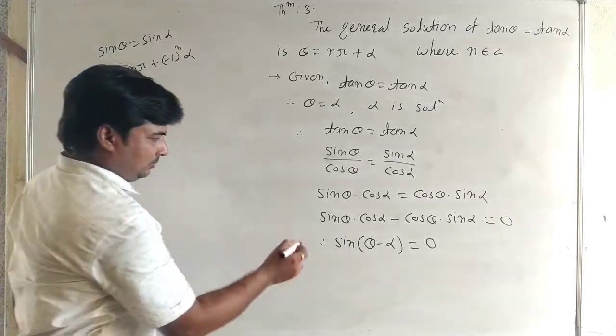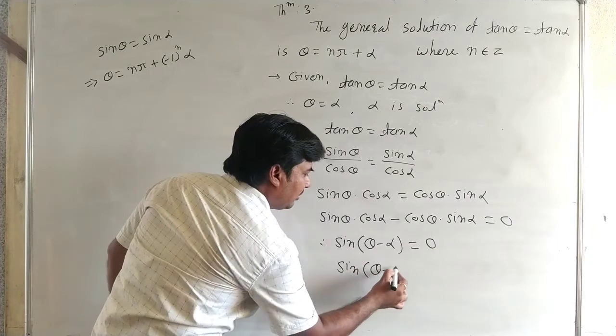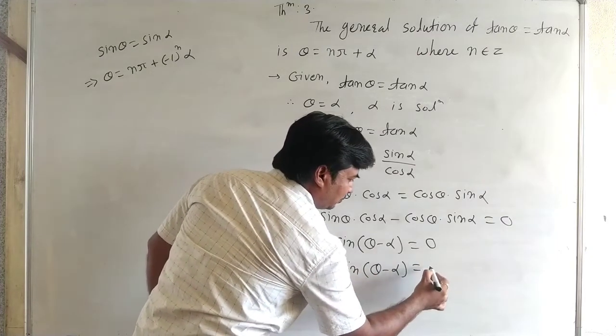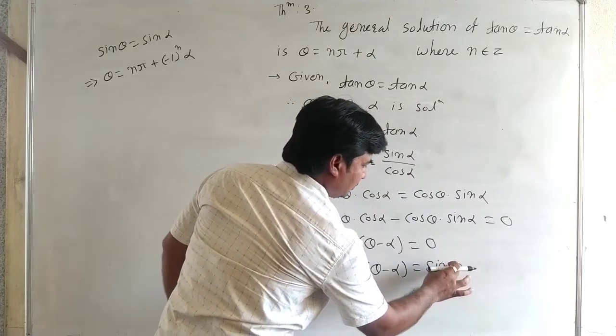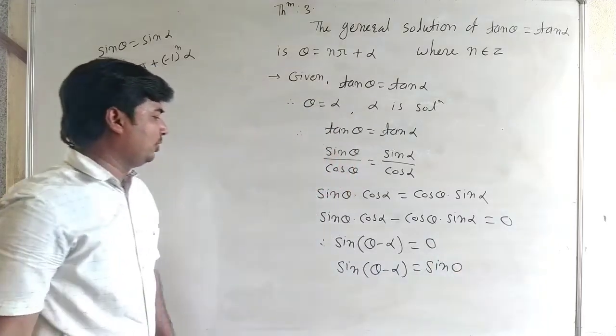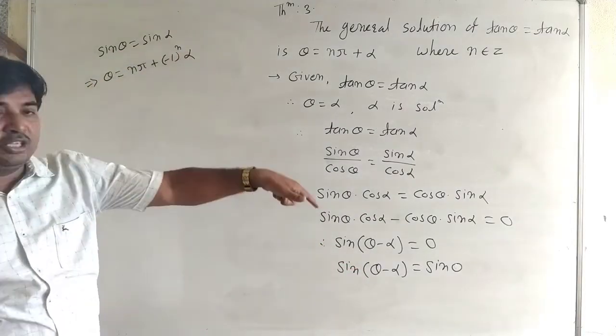Now sin of theta minus alpha is equal to sin 0. Here theta is replaced by theta minus alpha, and alpha is equal to 0.